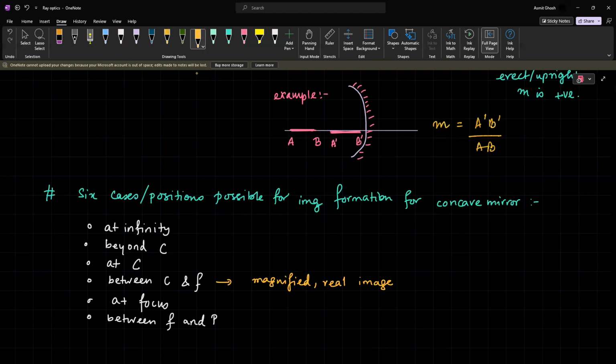Inverted, yes, of course, inverted. So you can also, in short, write that magnification is negative. And in between pole and focus, it is magnified, virtual and erect. So I can, in short, write that magnification is positive.